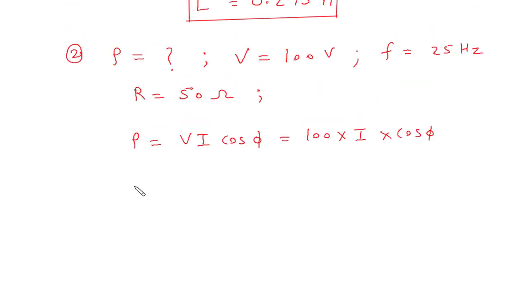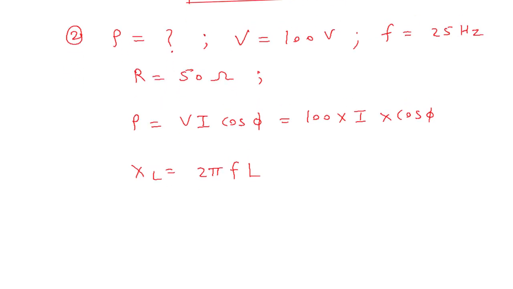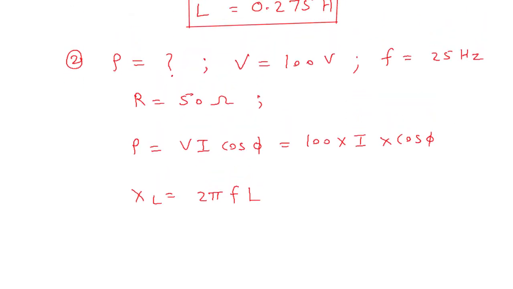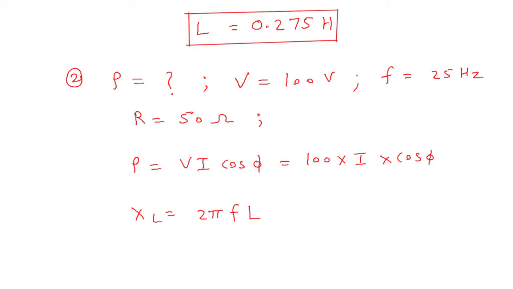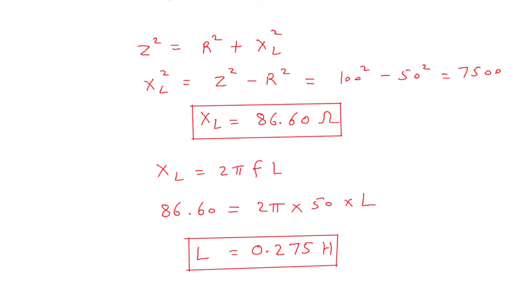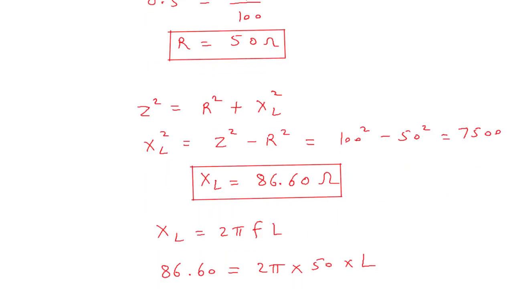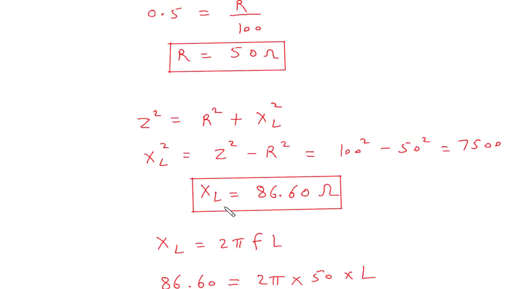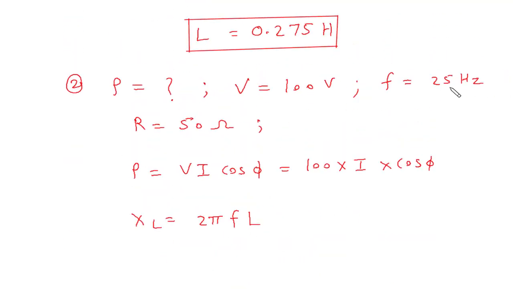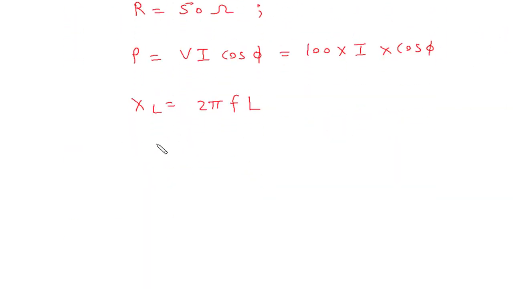So we have the formula for XL as XL is equal to 2 pi F into L. Here we can see the frequency is half. In the first part the frequency was 50 Hz, so XL is equal to 86.60. Here the frequency is half, so XL will also be half.